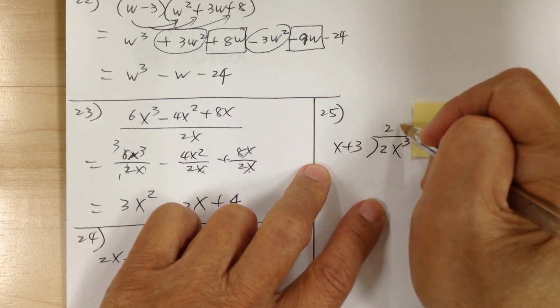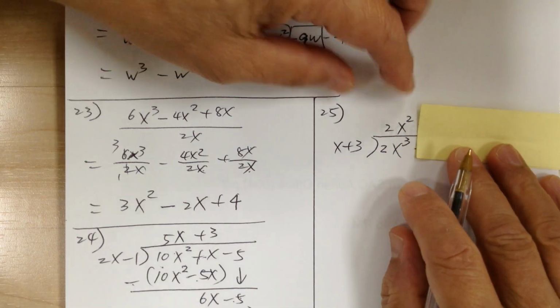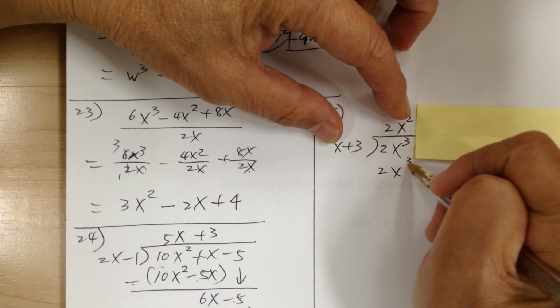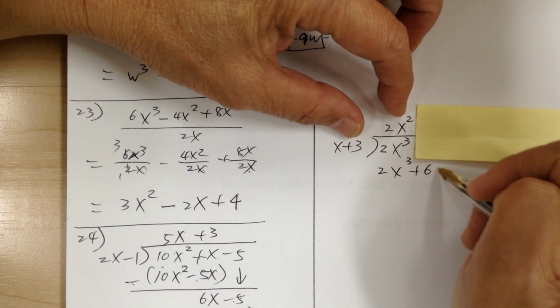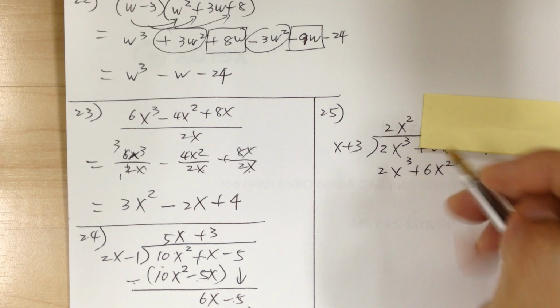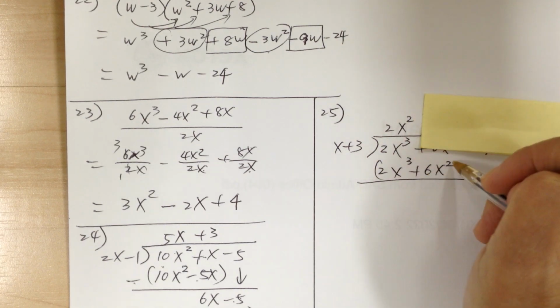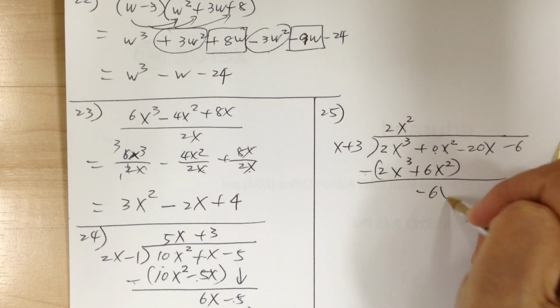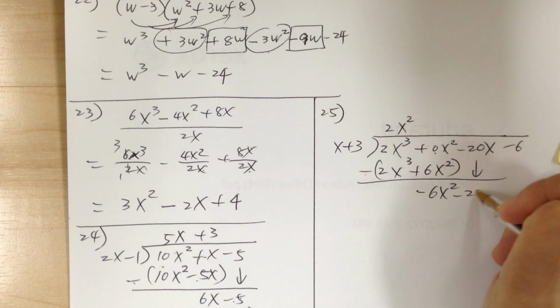So you need to get 2x squared. Okay, so when you multiply, you're going to get 2x to the 3 plus 6x squared. Okay, so draw the line, parentheses, subtract. So 0 minus 6 will give you negative 6. Okay, drop the next term.